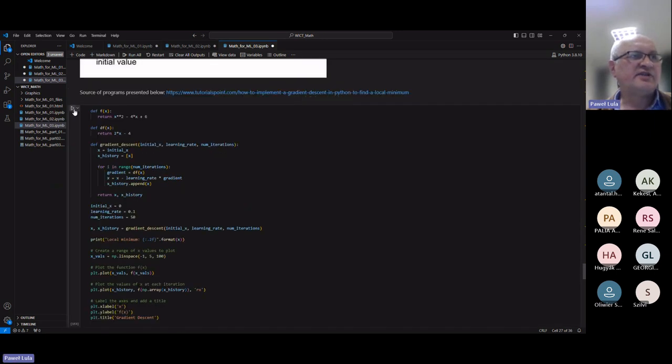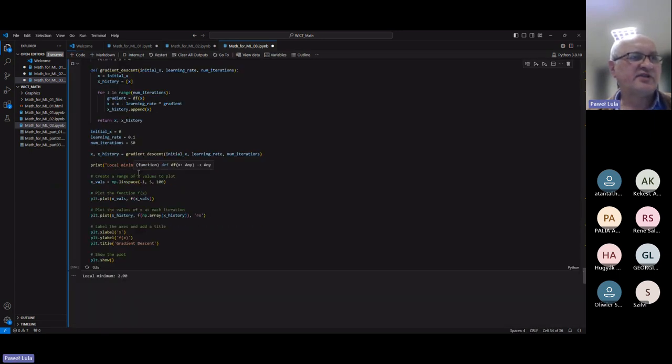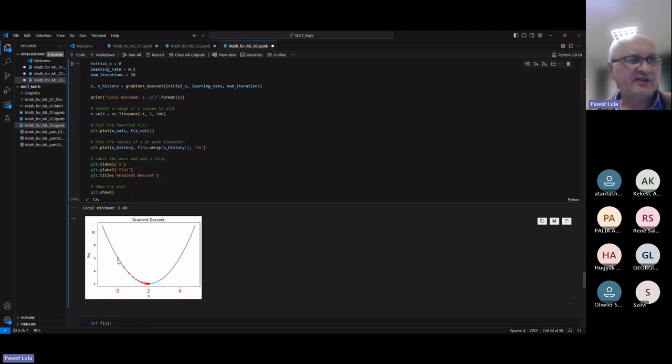And I can repeat these calculations. So we started from x equal to 0, and we move to this point, for which we have a minimum. It is 2.